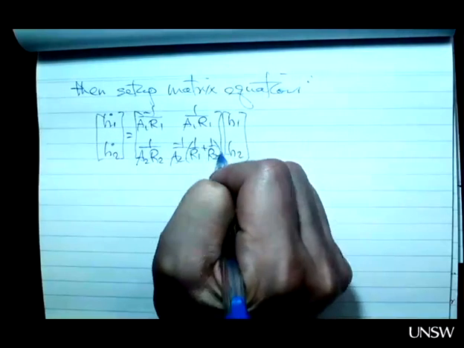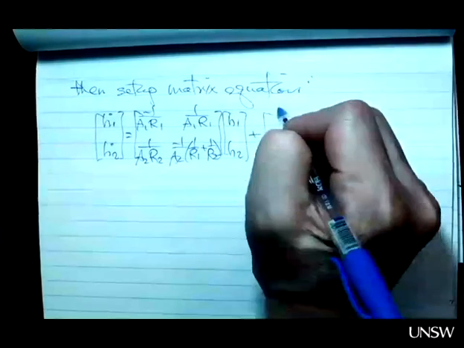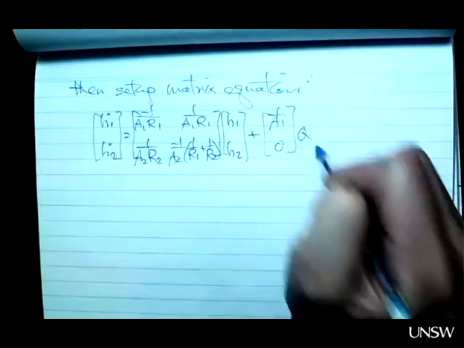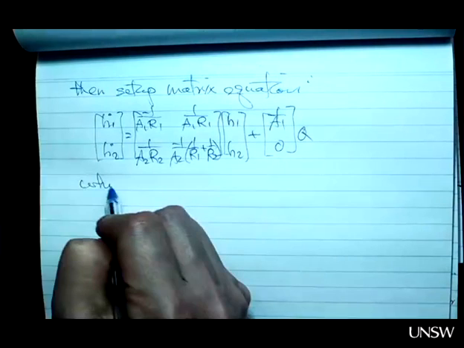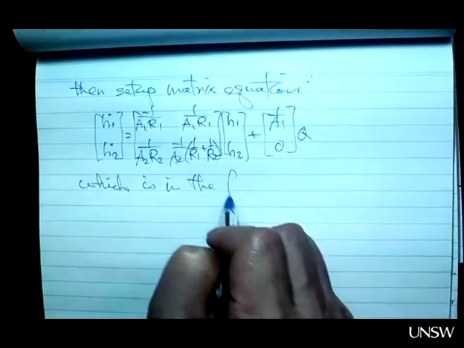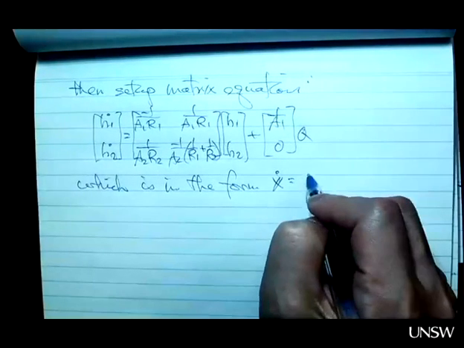And then for the control, it is 1 over A1, and then it is our control inlet Q. So which is in the form x vector differentiated equals A x plus B u.